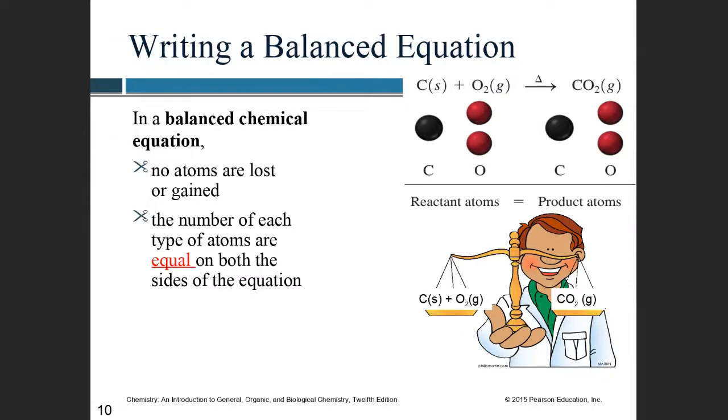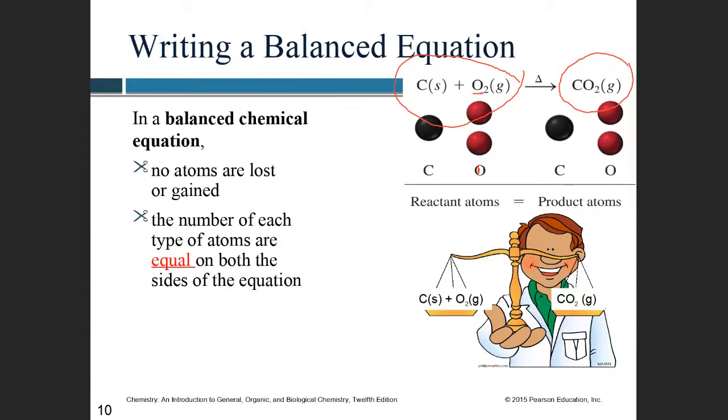What is the meaning of a balanced equation? In a balanced equation, the total number of atoms on the reactant side is equal to the total number of atoms on the product side. Let's have an example: one atom of carbon and two atoms of oxygen make a molecule of carbon dioxide.